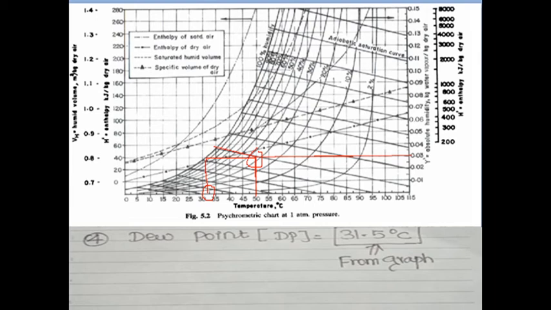For that purpose only, from the intersection point we draw a horizontal line up to the 100% humidity curve on the left side. Are you clear or not? Okay. So this is the procedure to read the dP value from the psychrometric chart.